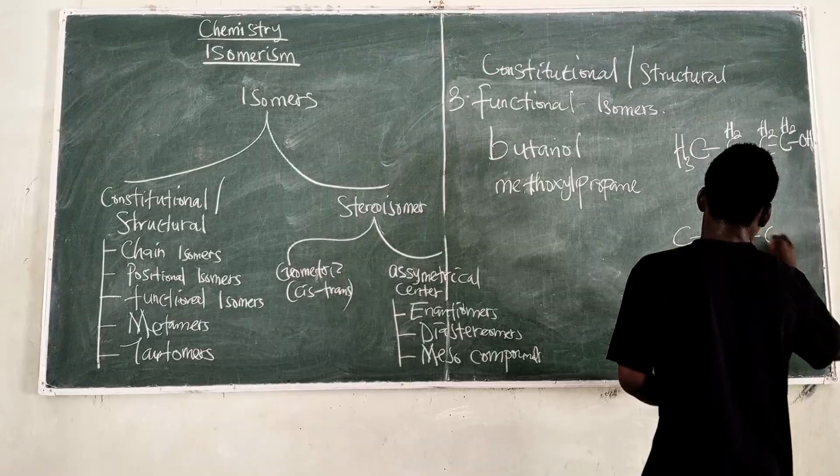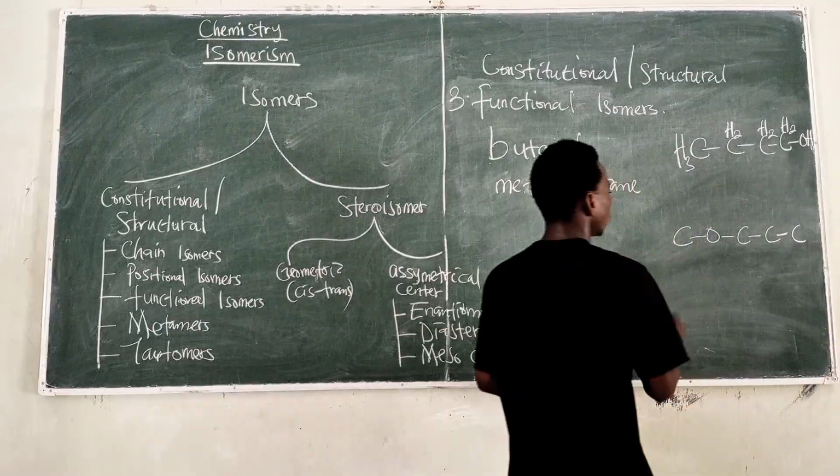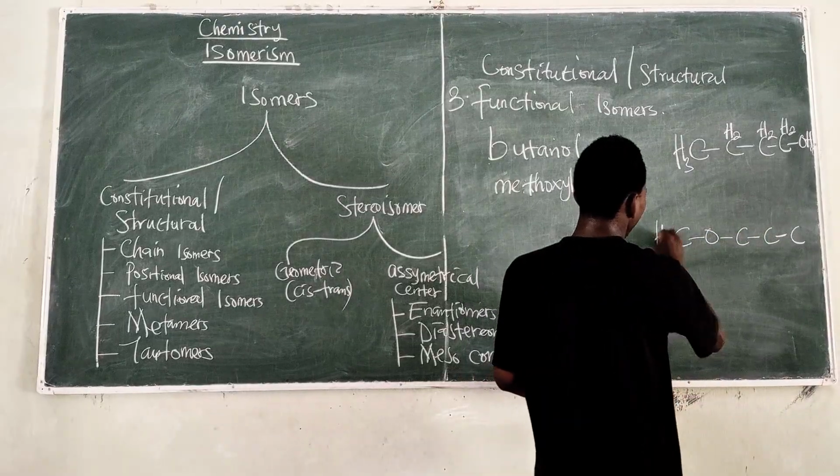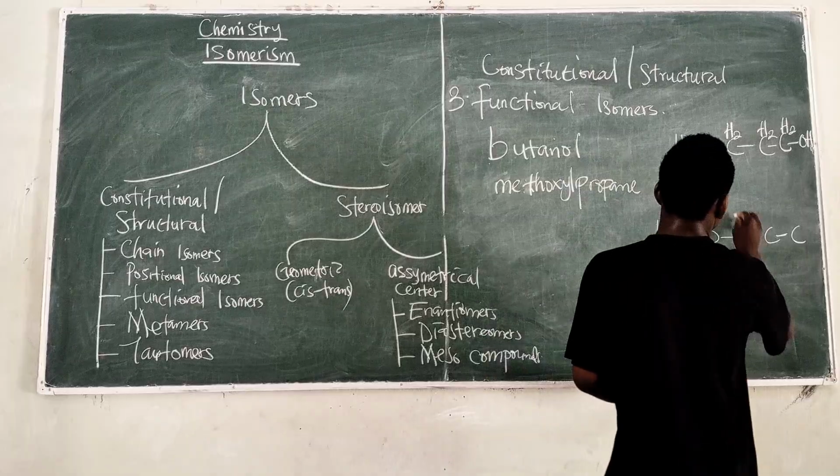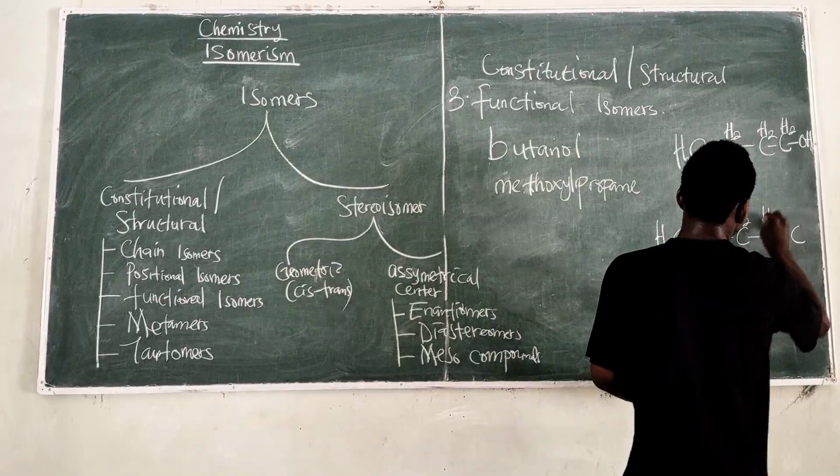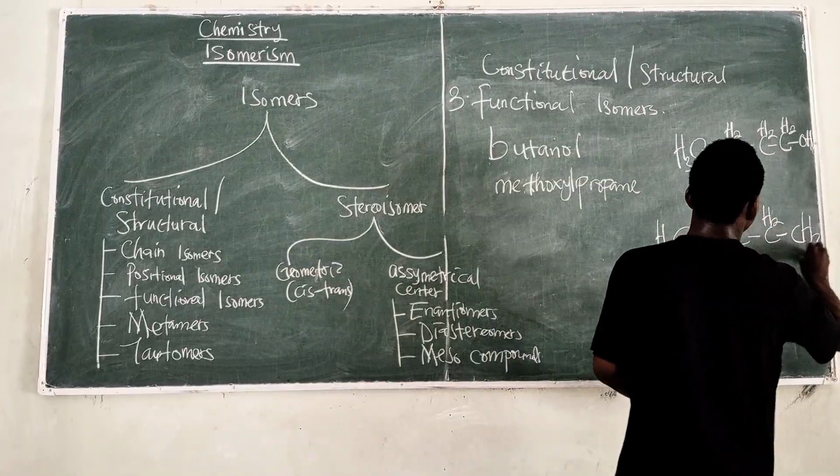For methoxypropane, we have this structure. Here we have 3 hydrogen atoms, here we have 2, 2, and 3.